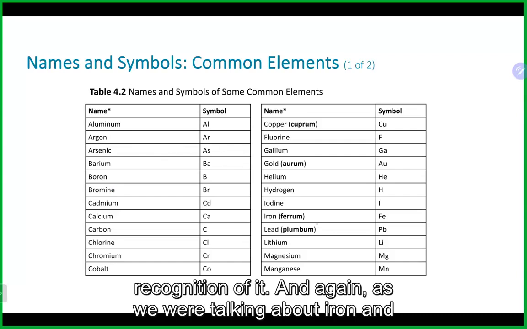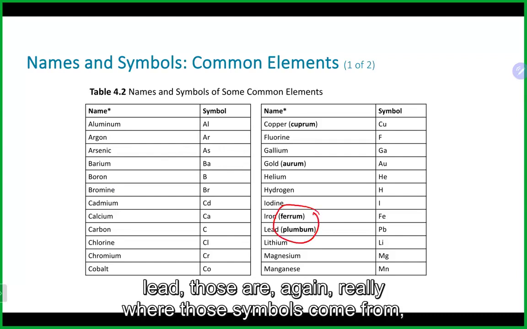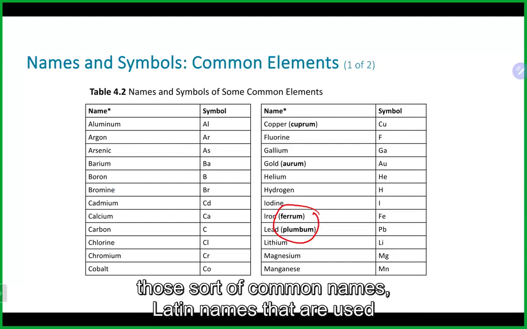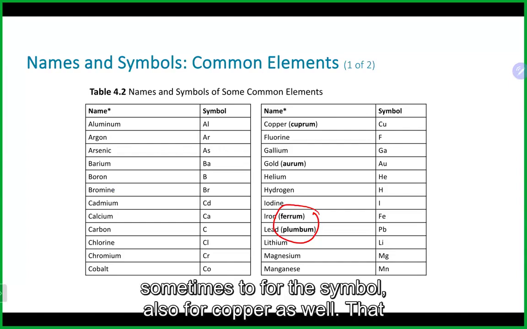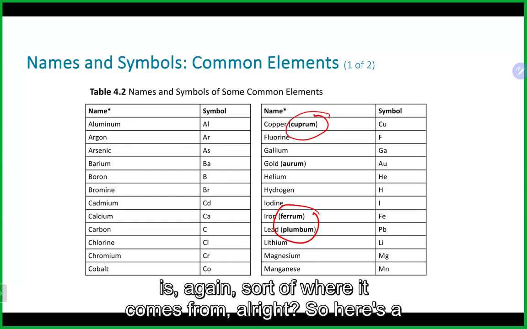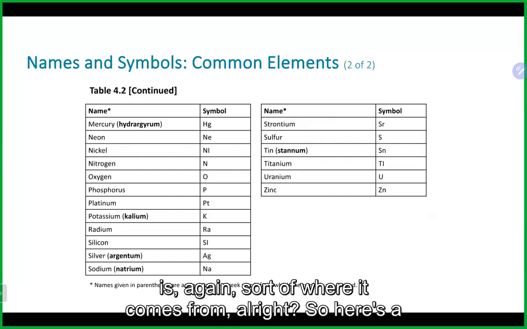As we were talking about iron and lead, those are really where those symbols come from, the common Latin names that are sometimes used for the symbol, also for copper as well.